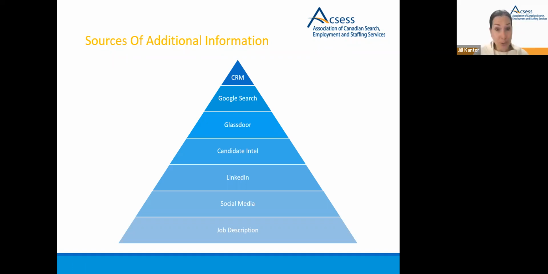A good old Google search, just what's in the news? What's the history? Have there been any awards or acknowledgements? Have there been negative news? What about Glassdoor? What are people saying on Glassdoor about the company? Candidate intel. Maybe you've interviewed a lot of candidates that come from that company or that know about the company. What about LinkedIn, social media, and the job description itself?